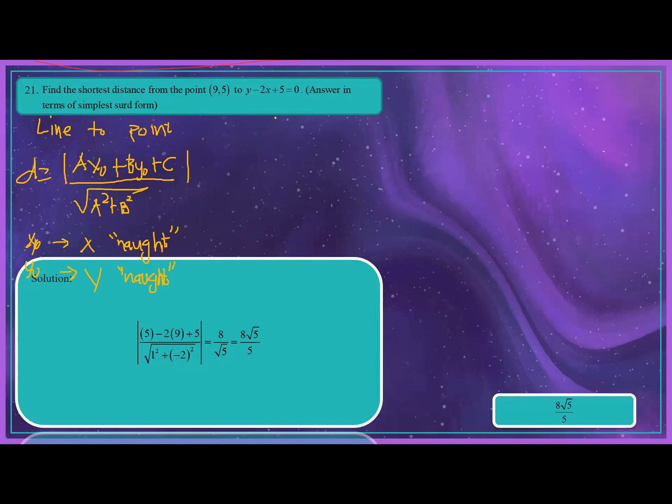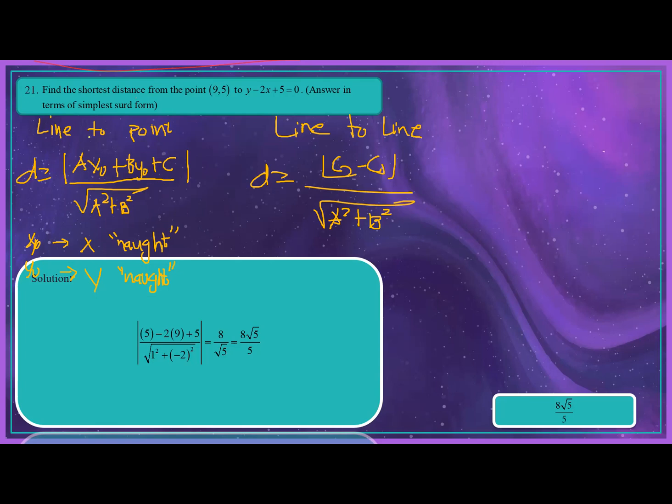Next is line to a line. So we have d equivalent to c2 minus c1 over square root of a squared plus b squared. Okay, so please, if you don't know this, just copy.